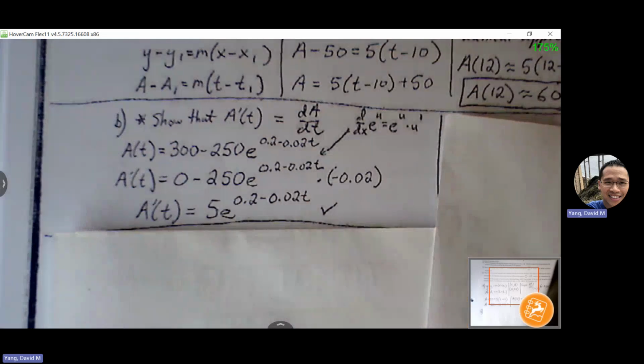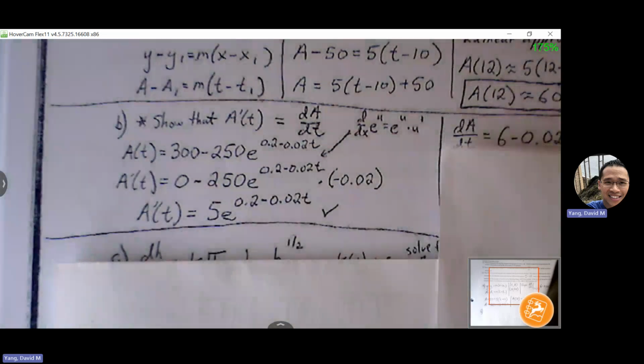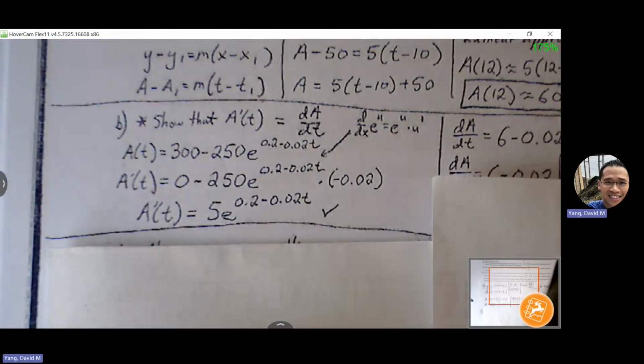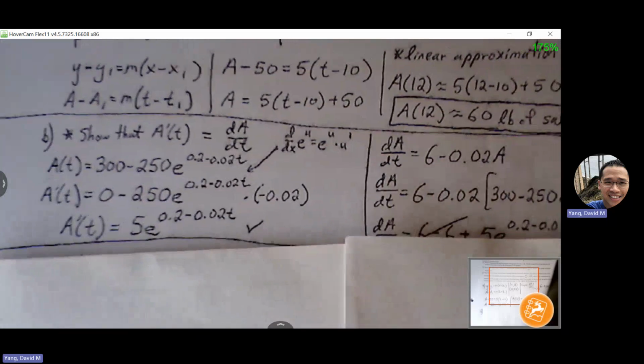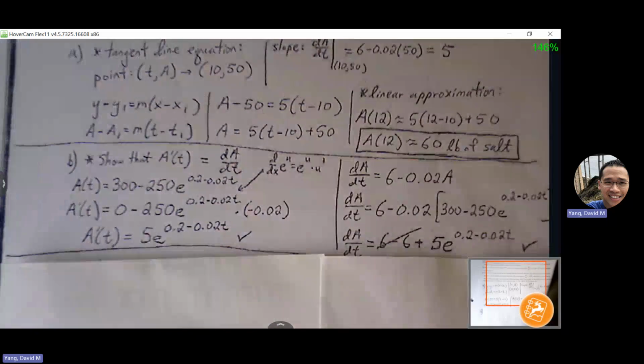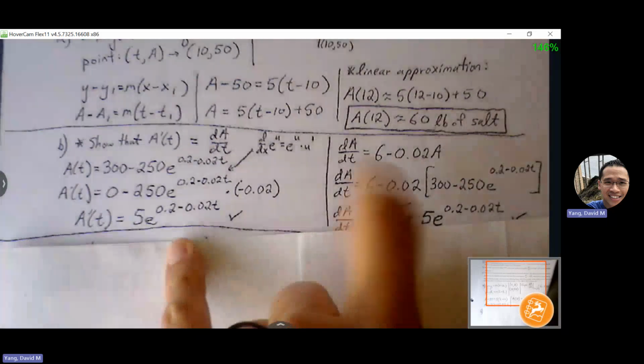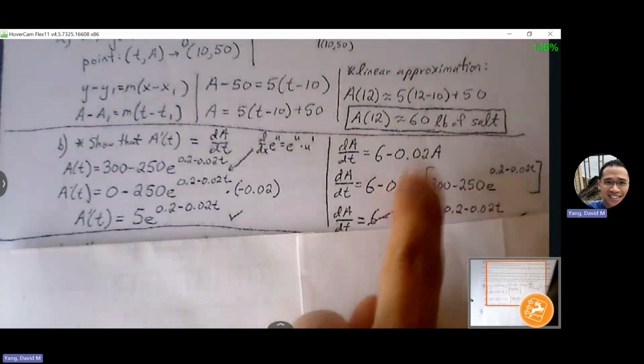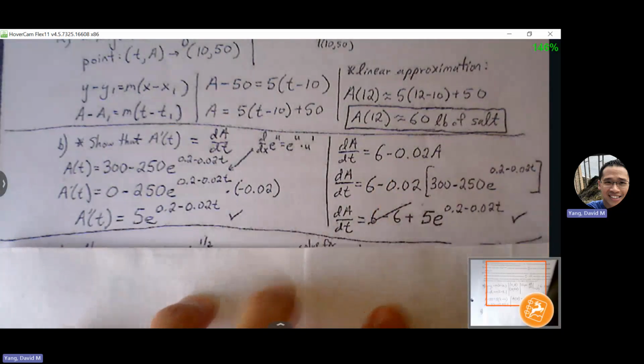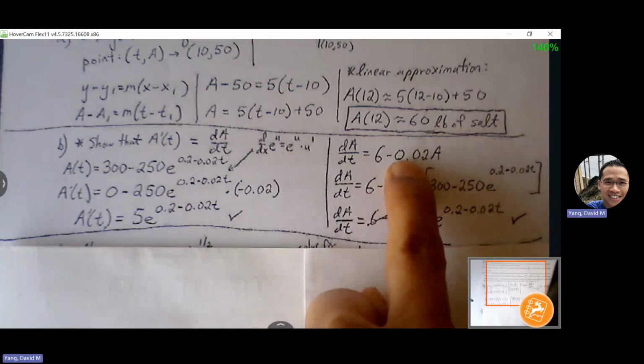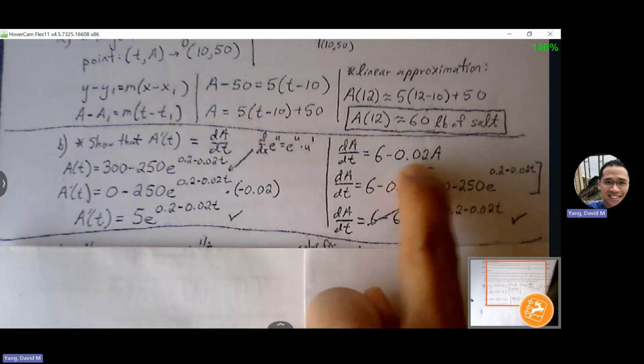And then we look at our dA dt and say, okay, how can I get that to look like this? Maybe I can't quite make this look like this, but maybe I can play with this to eventually get both sides to look the same. So we know dA dt is minus 0.02 times A. I know A is just my original equation.